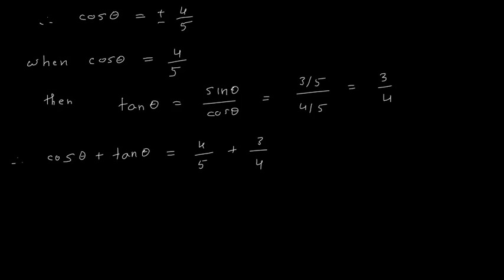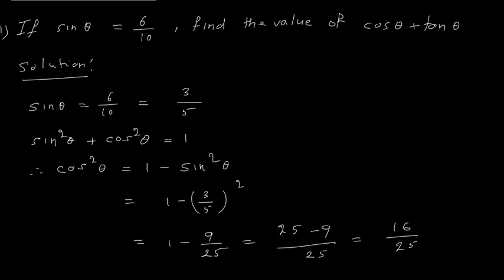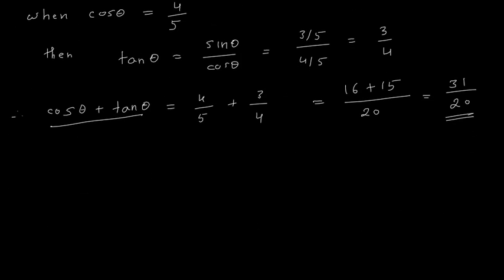So this is 4 fours are 16 plus 3 fives are 15, whole divided by 5 fours are 20. So 15 plus 16 is 31. So this is 31 upon 20. This is the value of cos theta plus tan theta. Okay, done. Now there is one more value of cos theta. So let us take that case also.